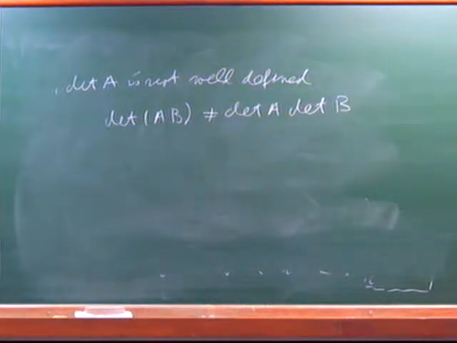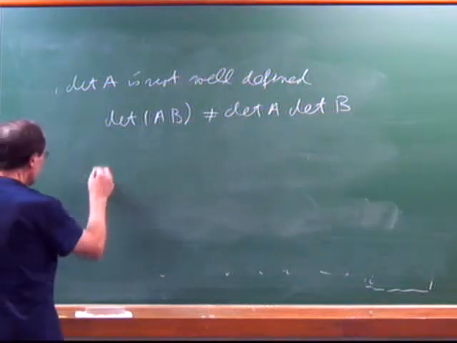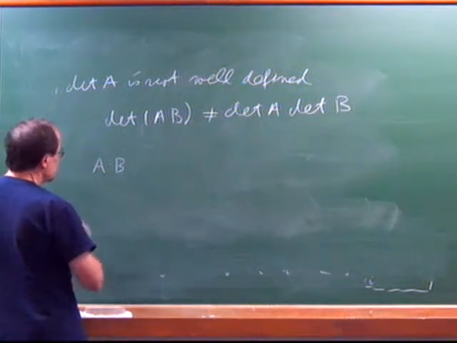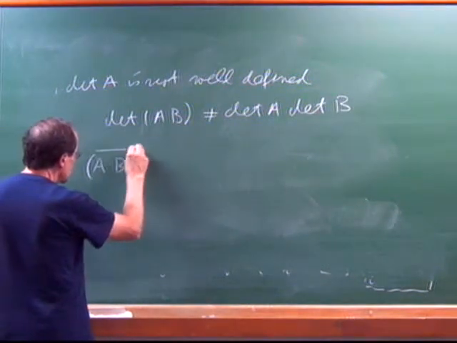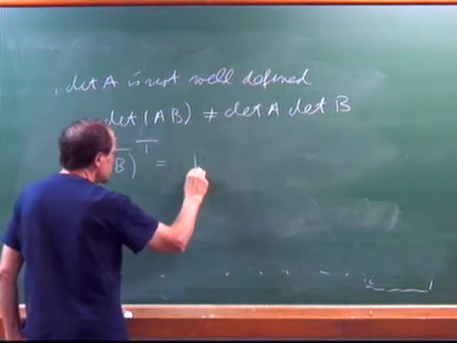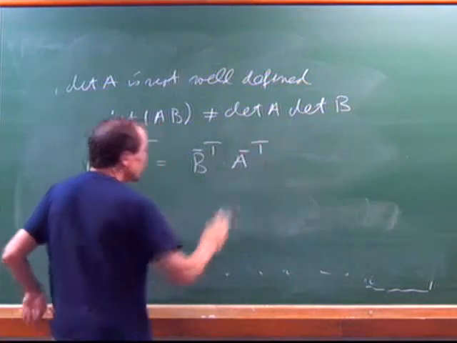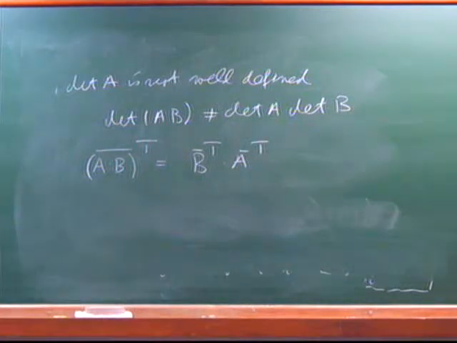So I can't define, for example, quaternionic matrices of determinant 1, they don't make sense. The only thing that is true is that the conjugate transpose of AB is B conjugate transpose times A conjugate transpose. That is true. One of the few things that remains. Everything else is false.